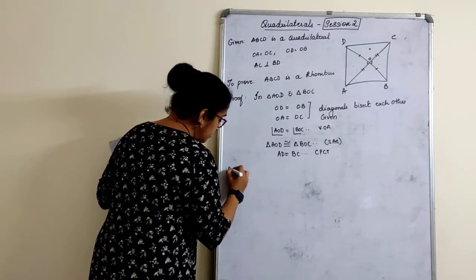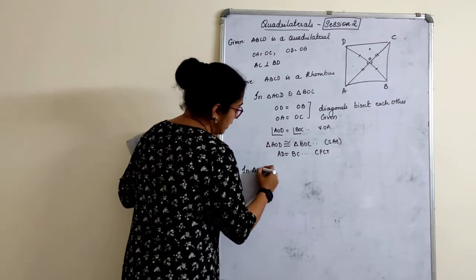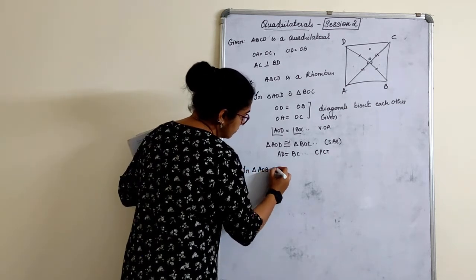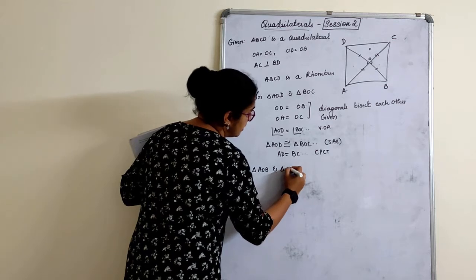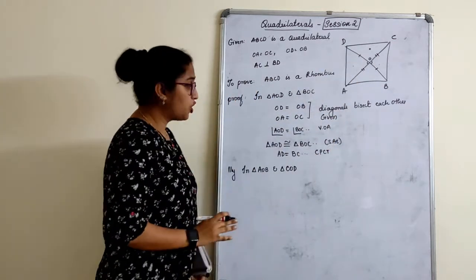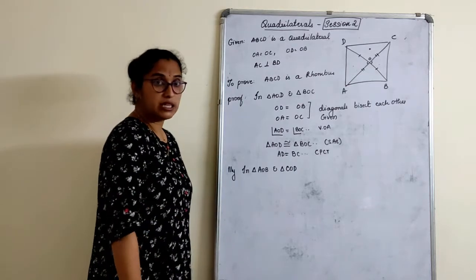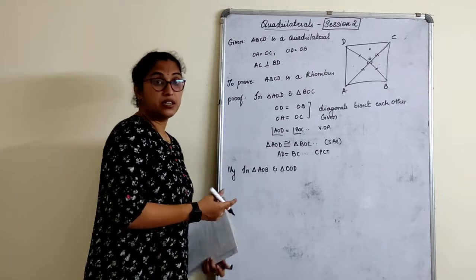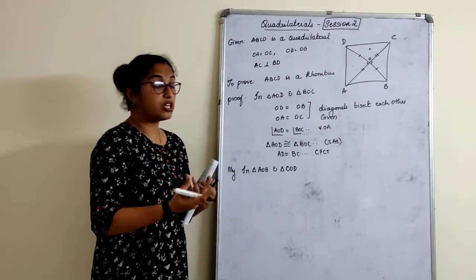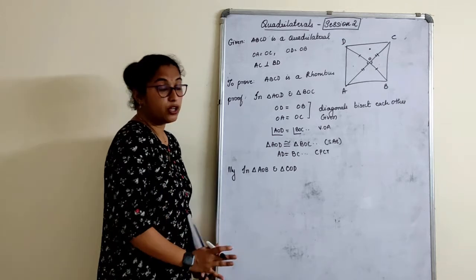I will write here similarly in triangle AOB and triangle COD, these two triangles, right? I will not prove them, but can I do the same procedure here and say by CPCT it is equal? I can do that, right? Now here you need to talk to your school teacher and find out can we do this or we have to solve this completely. That's I'm leaving it on you.